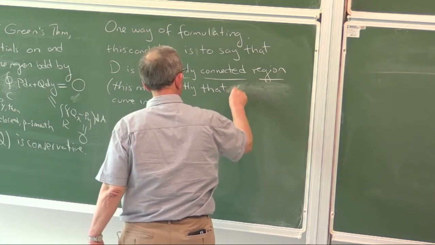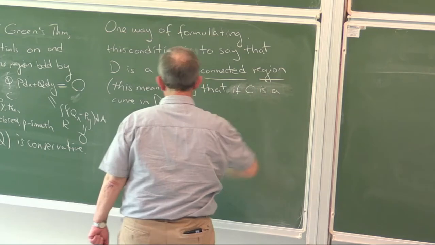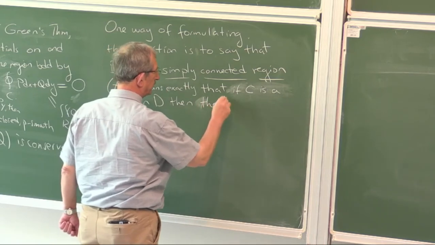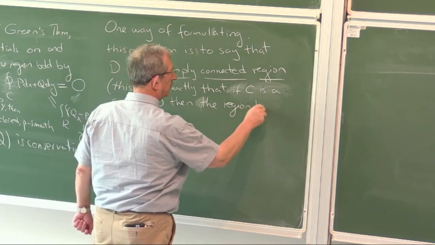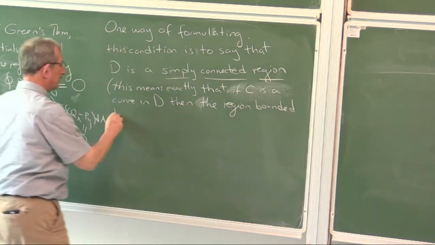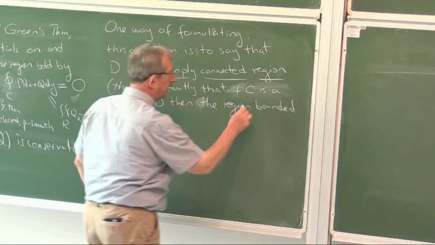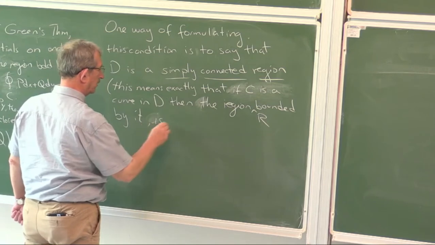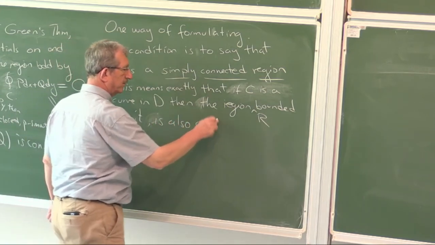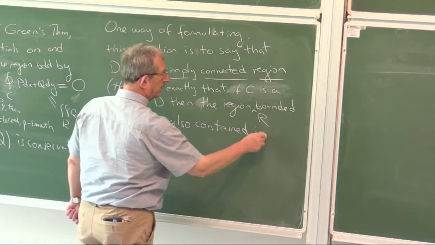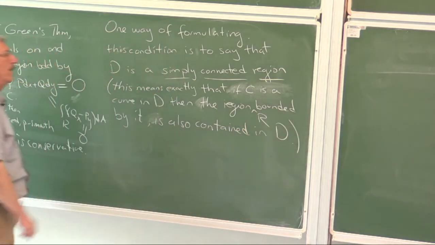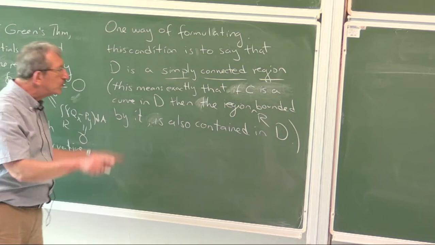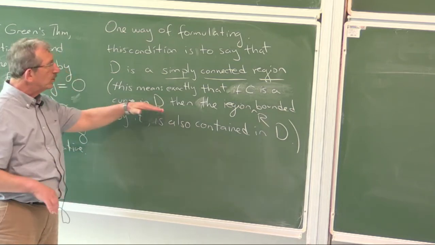If C is a curve in D, then the region bounded by it, let me give a name to this region, say R, is also contained in D. So a simply connected region is a region so that whenever you take a closed curve in it, its inside part is also in D.